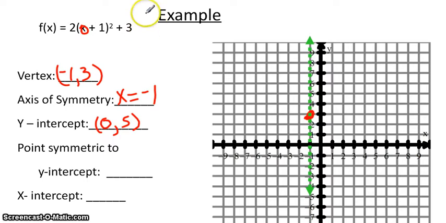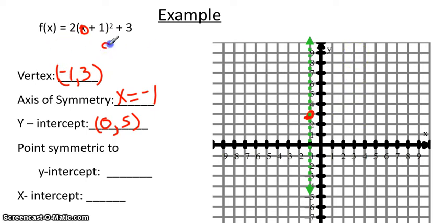And we want to use the parent table to plot 3 points to the right of our axis of symmetry. Now, if you remember from our parent table, if I went over 1 to the right, I went up 1. If I go over 2, I go up 4. If I go over 3, I go up 9. And that's when our a value was 1.